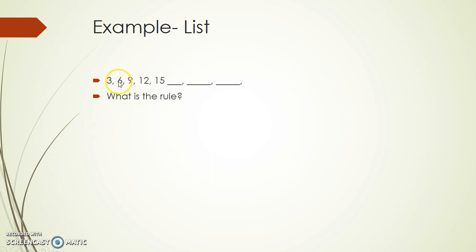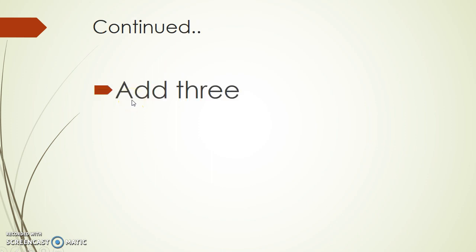Then, make sure that your pattern stays true. I'm at 6 and I need to get to 9. I added 3 in order to get to 6, so let's see if it works for 9. 6, 7, 8, 9. You check it for every number just to ensure that your pattern and your rule is true. So for this one, your rule for the pattern is to add 3.